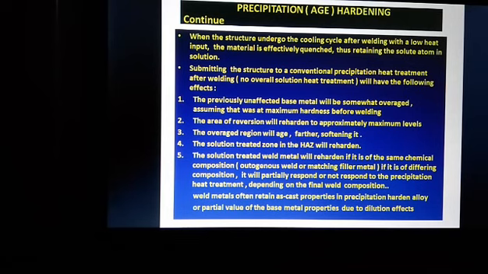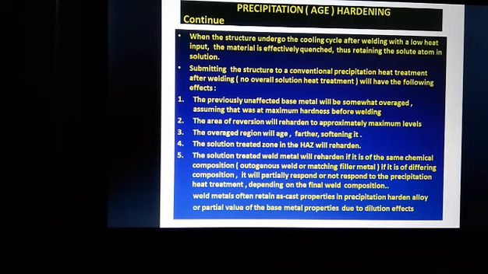Submitting the structure to a conventional precipitation heat treatment after welding, with no overall solution heat treatment, will have the following effect. The previously unaffected base metal will be somewhat overaged, assuming that was the maximum hardness before welding. The reversion region will reharden to approximately the maximum level. The overaged region will age further, softening it.